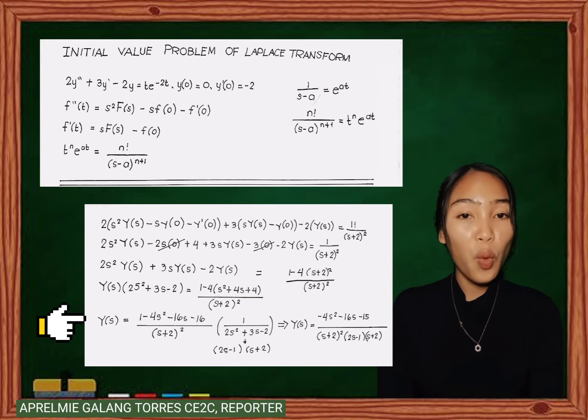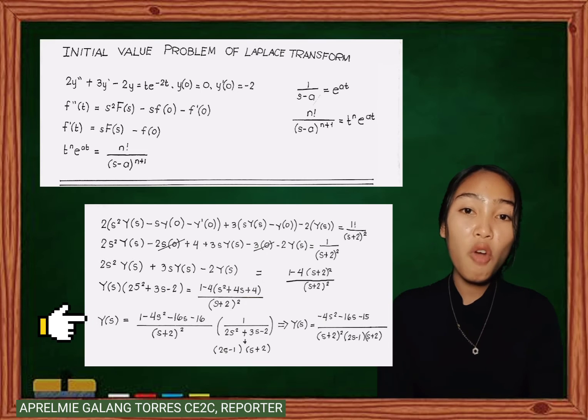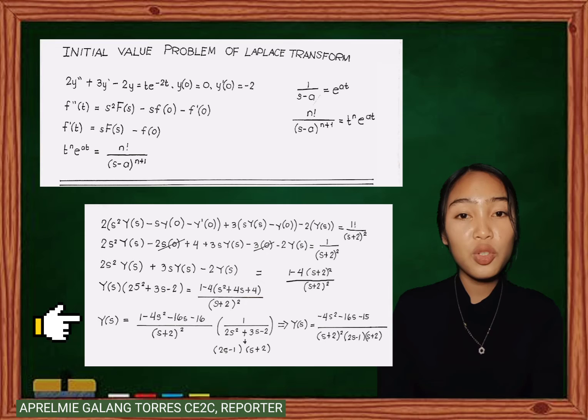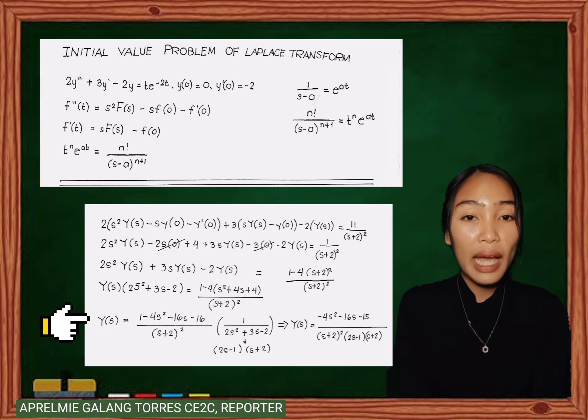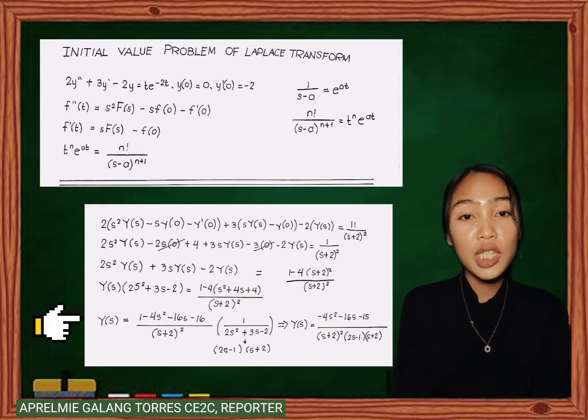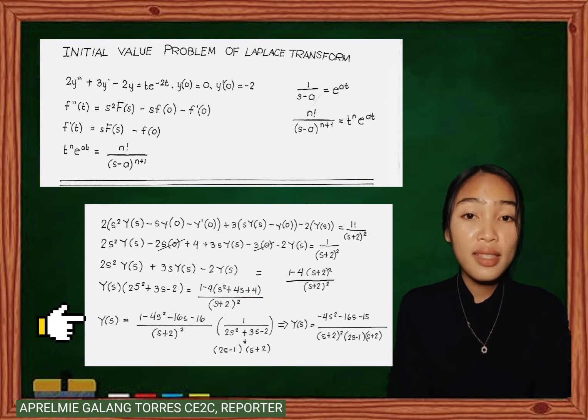And bringing that quantity over from the left hand side, we're going to have this multiplied by 1 over 2s squared plus 3s minus 2. And now, since they are multiplied, we can just combine fractions. We get Y of s equal to, and let's go ahead and consolidate here.